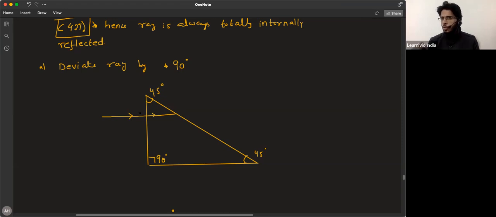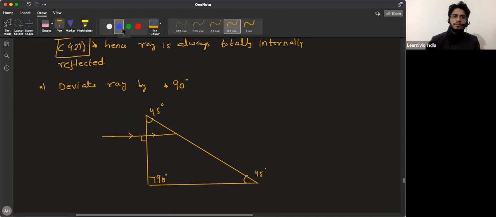Refraction occurs only in those rays which are coming obliquely at some angle. But a ray which is going at 90-degree will not refract. There won't be any refraction in this light. This is normal.